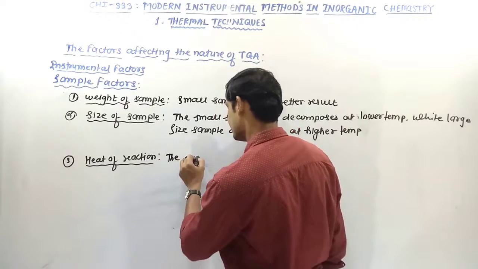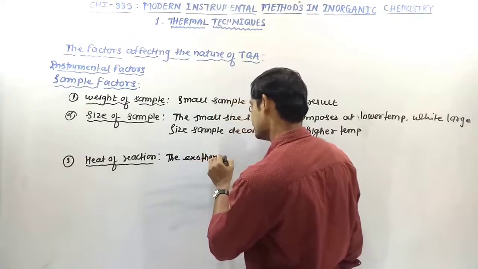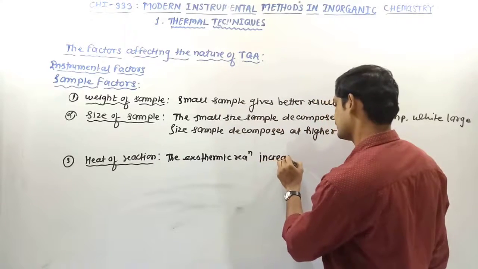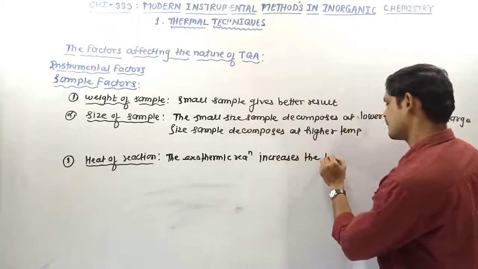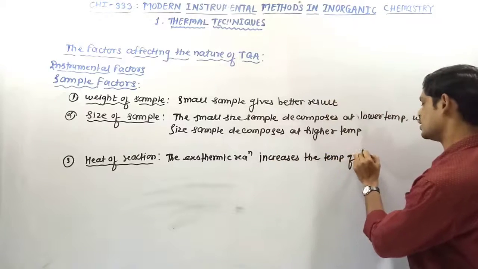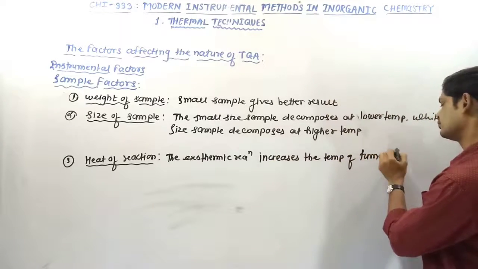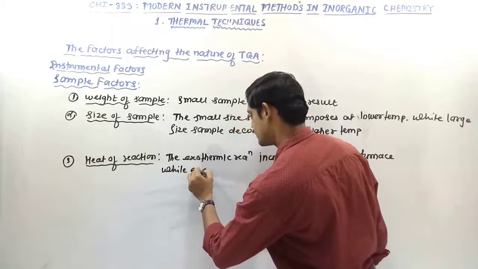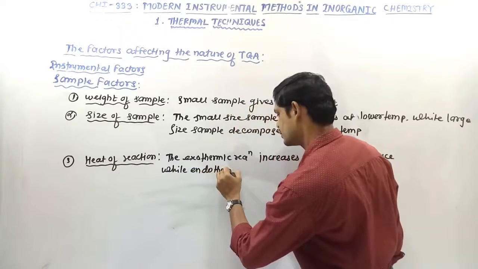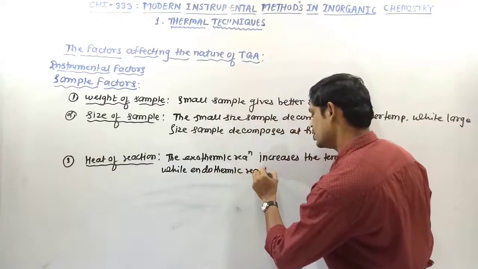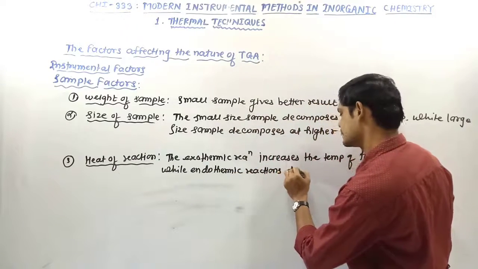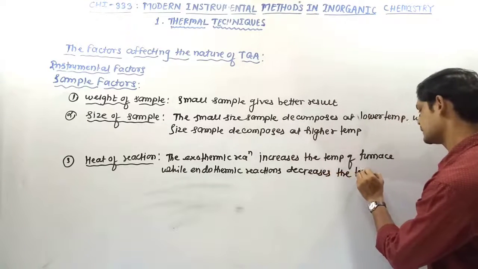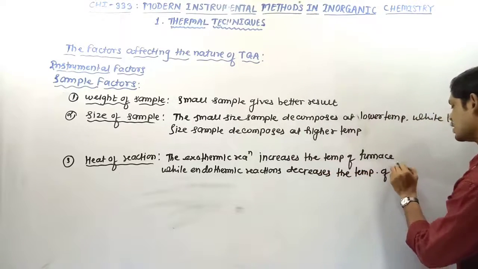The exothermic reaction increases the temperature of a furnace, while endothermic reactions decrease the temperature of a furnace.